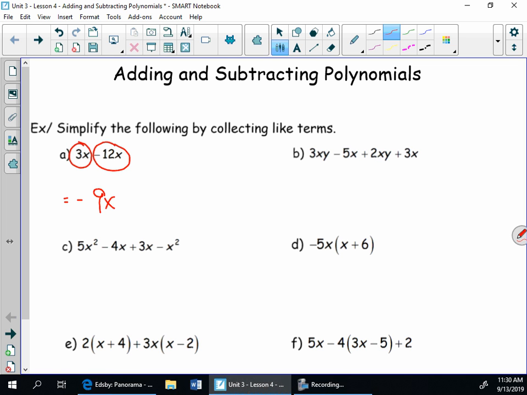Now take a look at the next one. 3xy plus 2xy. Well, 3 plus 2 makes 5xy's. Those are the things that we were collecting. Negative 5x and positive 3x. Negative 5 plus 3 is negative 2, and we were collecting x things.